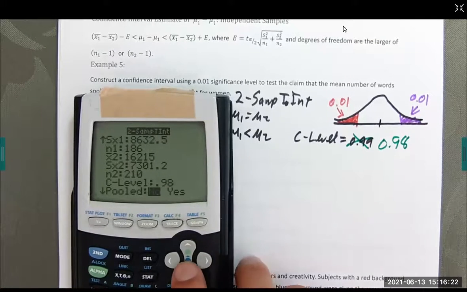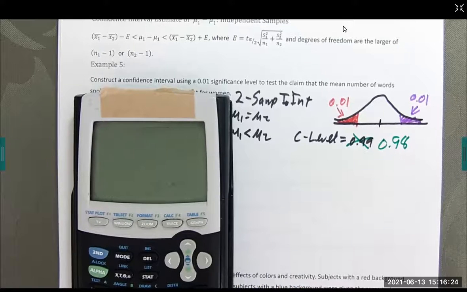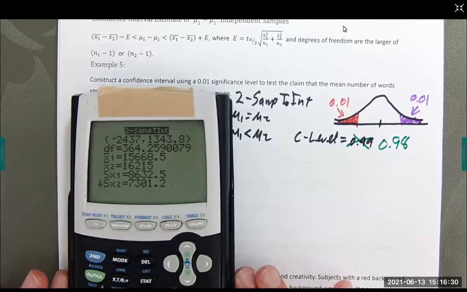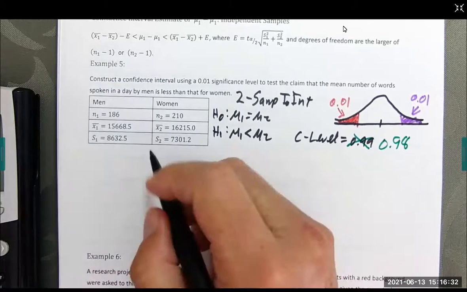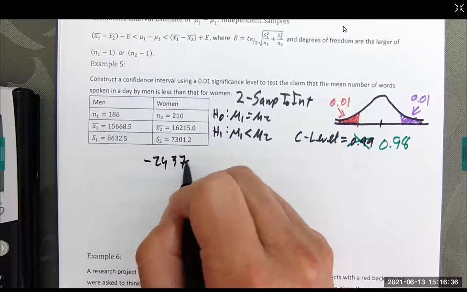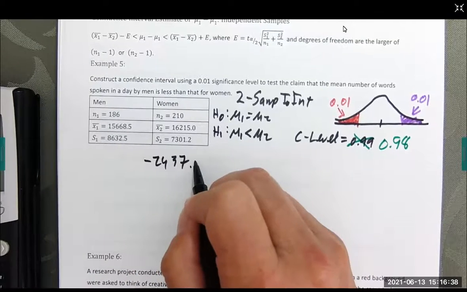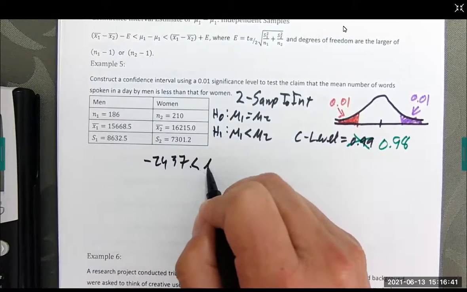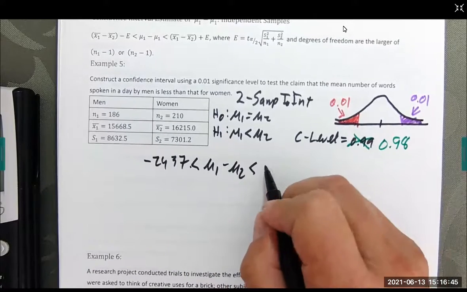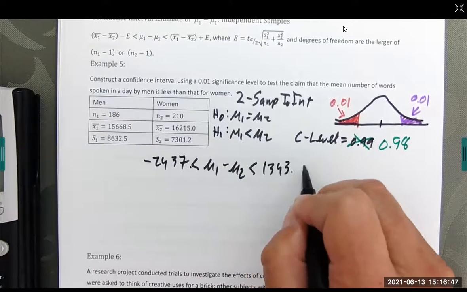Still not pooled. And there we are. So our confidence interval is -2,437 and 1343.8.